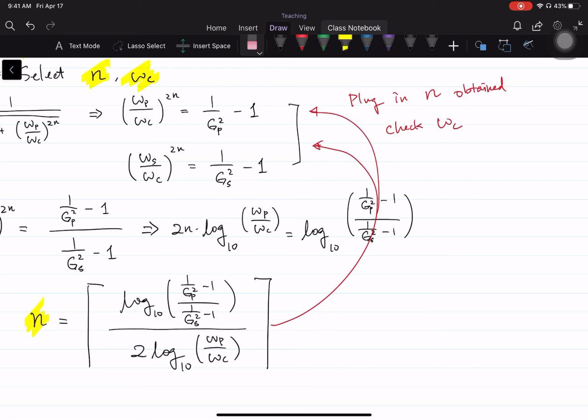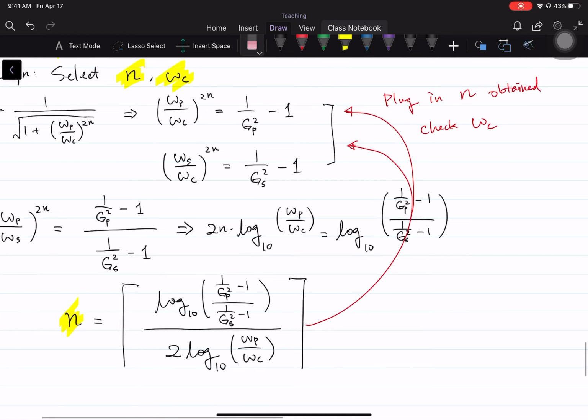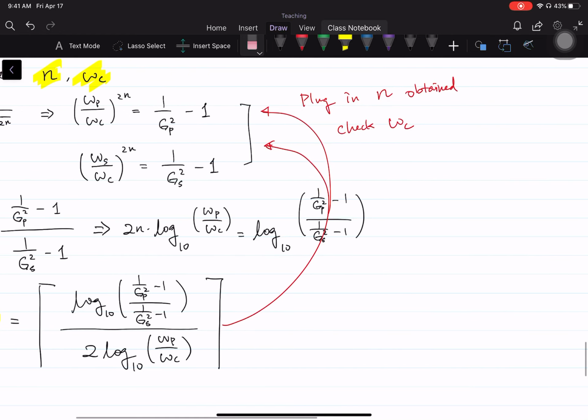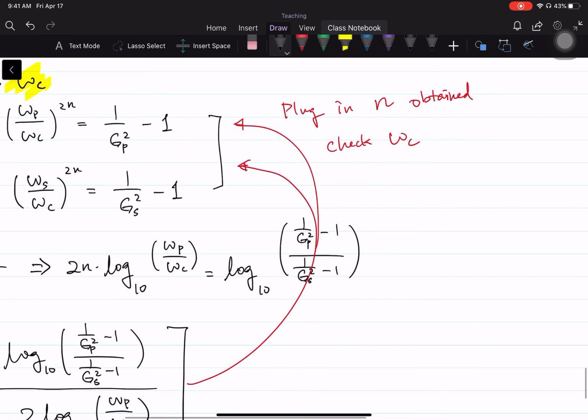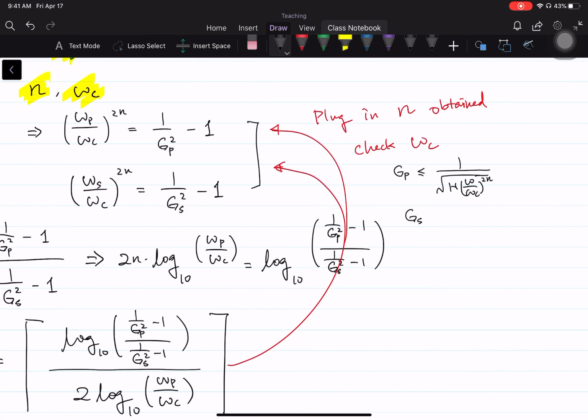You want to know if your design is actually satisfied, meaning you want g sub p to be less than or equal to the actual magnitude, so that the actual magnitude is greater than the desired level in the passband, and likewise at the stopband frequency.